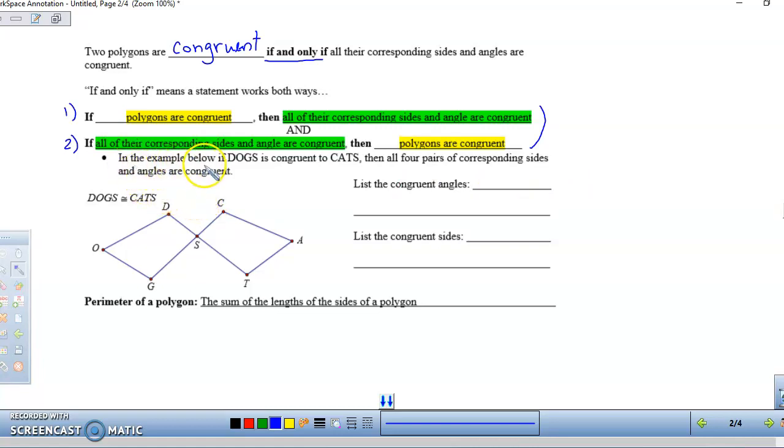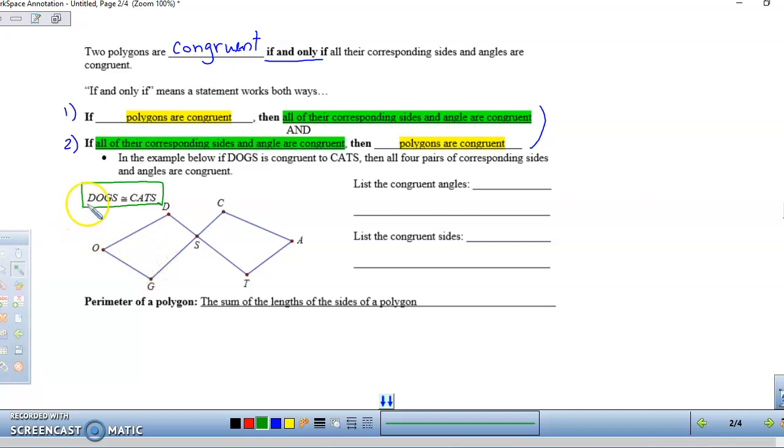Okay, in the example below, if dogs is congruent to cats, and these are just names of polygons, then all four pairs of corresponding sides and angles are congruent. So these are pretty straightforward again. You basically want to look at the actual statement to figure out which are the corresponding sides and vertices.